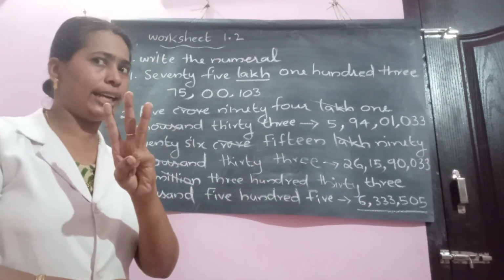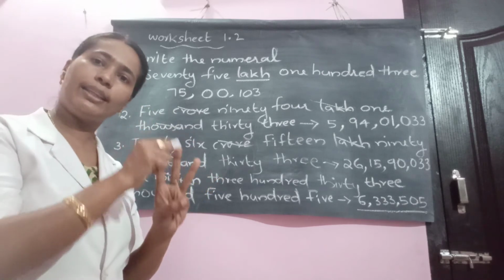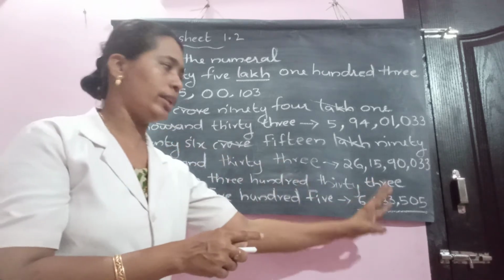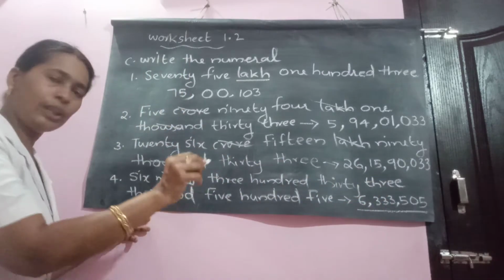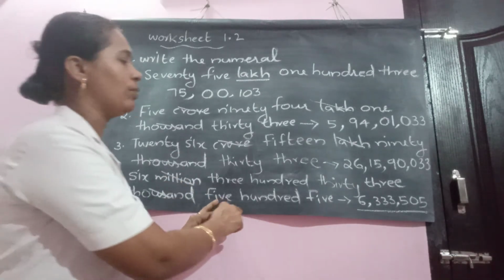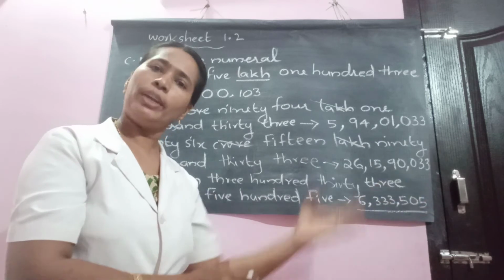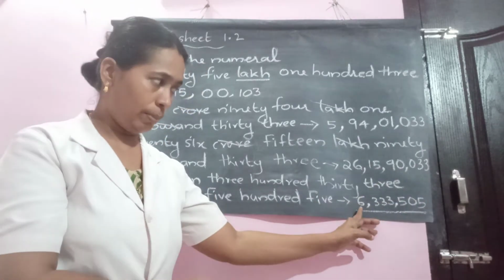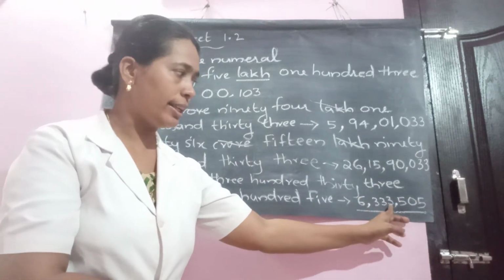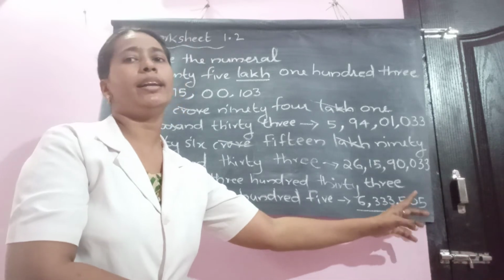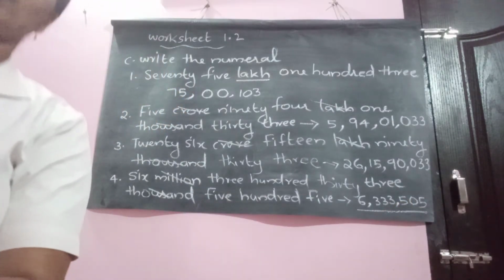Then 333, 3 digits needed now. 333. Then instead of thousand, comma. The last one is 505. Finished. 6,333,505.